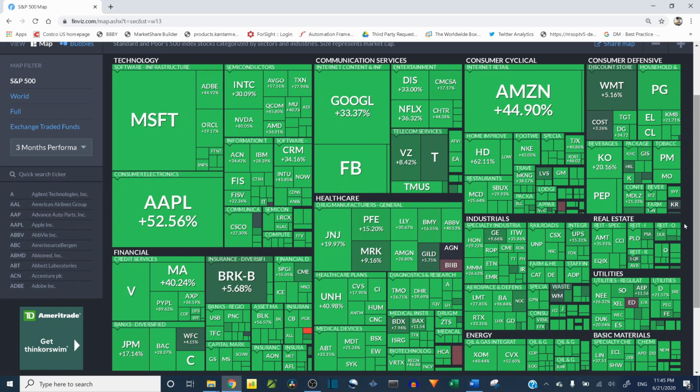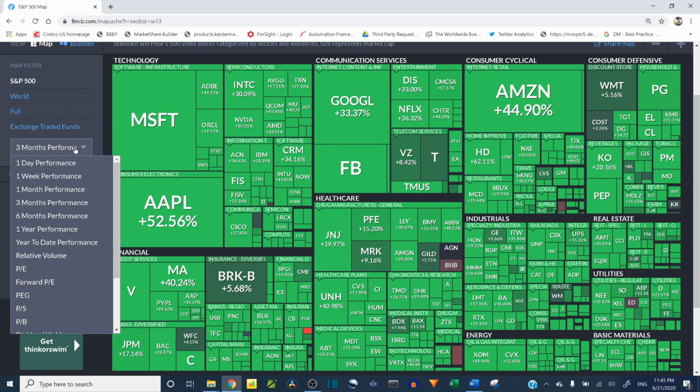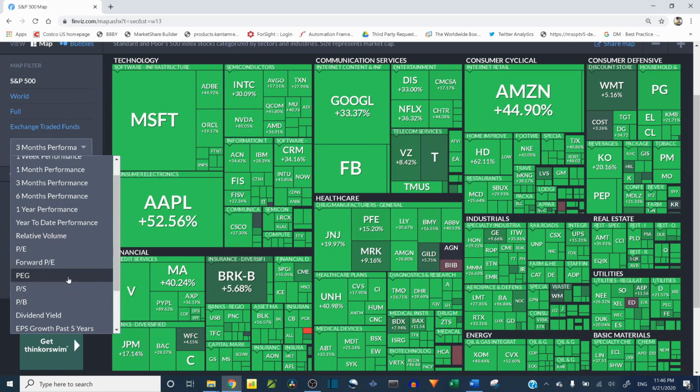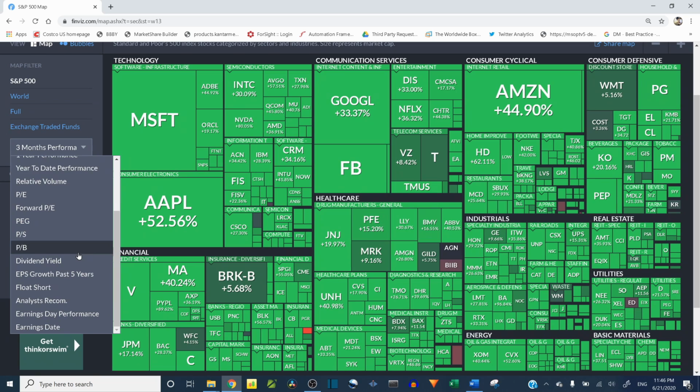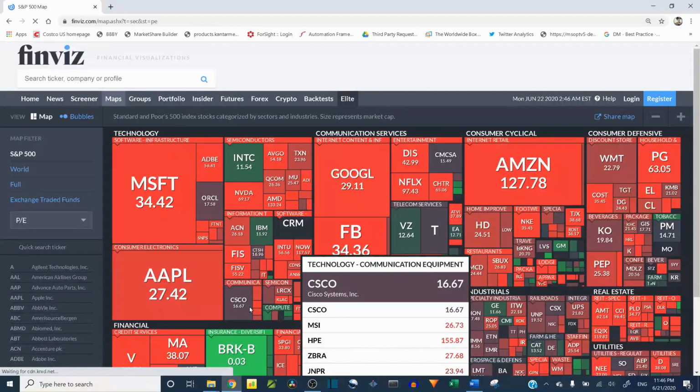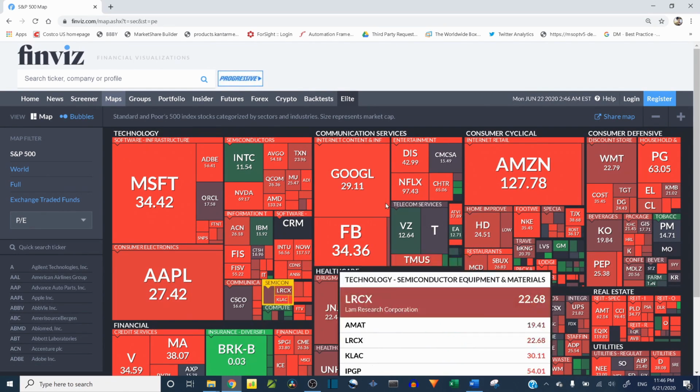But the point is that this website gives you such a great view of how each of the stocks and what sectors have been doing so well in different types of granularity. So if you take a look, you have another drop-down menu as well. The one thing that I find useful from my perspective is PE, because this is the price to earnings ratio.